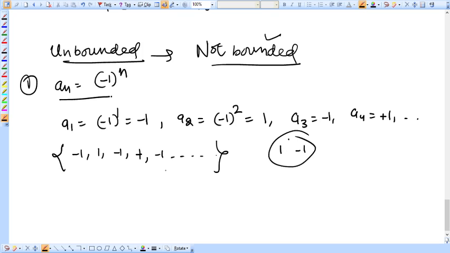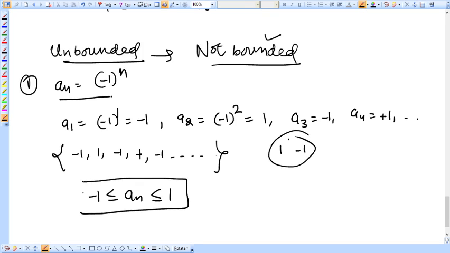So obviously an is less than or equal to 1 and greater than or equal to -1, right? All the terms of this sequence, -1, 1, -1, 1, are greater than or equal to -1 and less than or equal to +1.